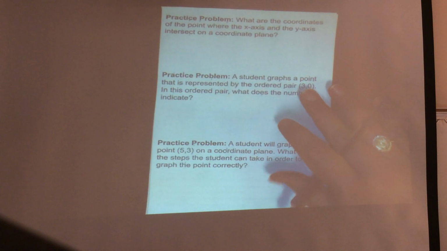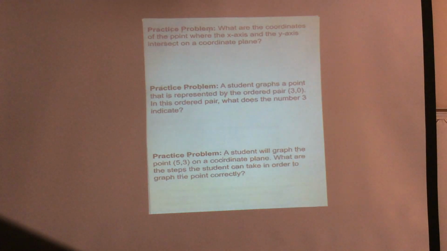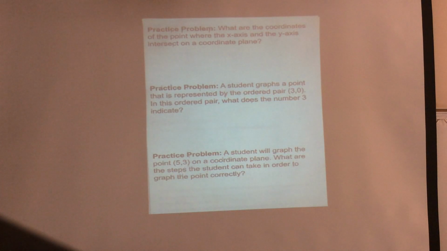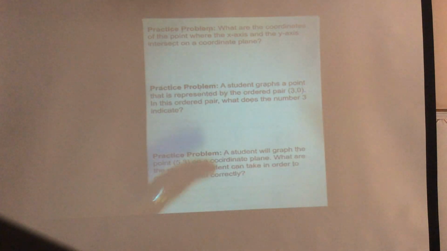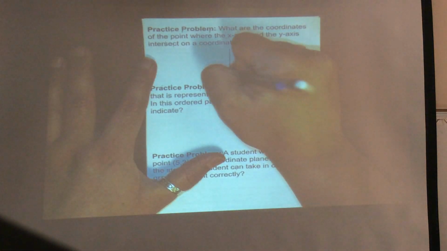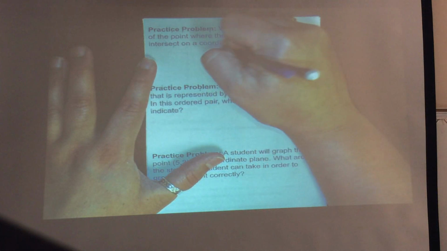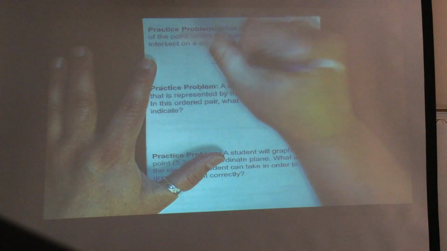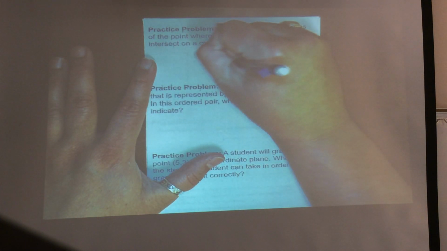Okay, hopefully you pushed pause and were able to answer these questions. So the first one says, what are the coordinates of the point where the x and the y-axis intersect on a coordinate plane? Intersect means where they overlap. So let's draw. We have my y and my x where they intersect, where they cross.